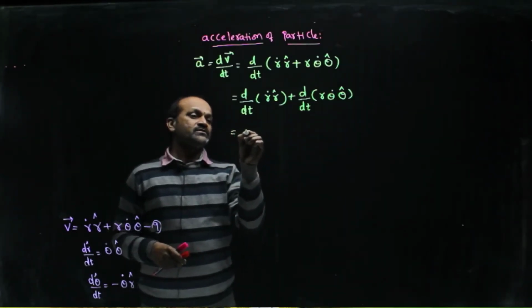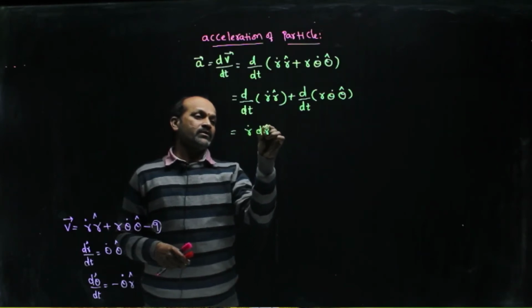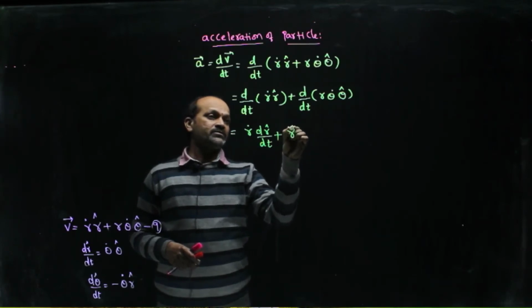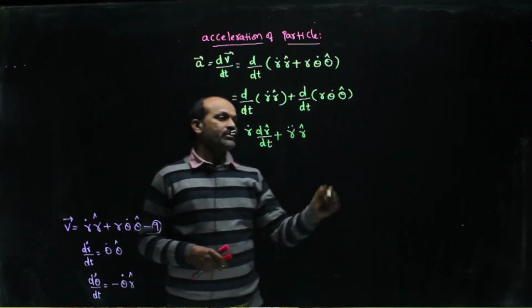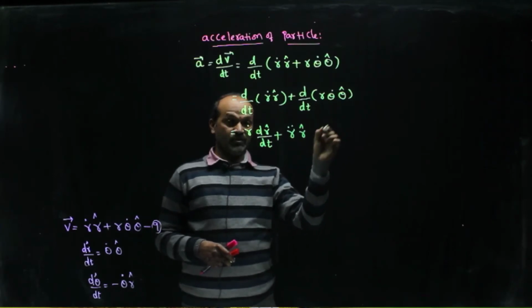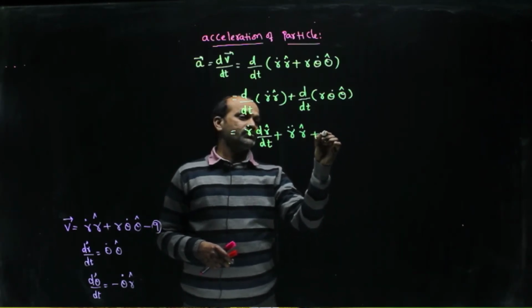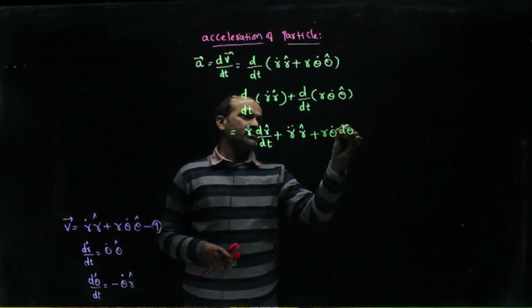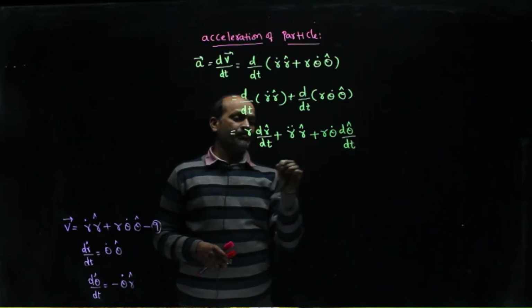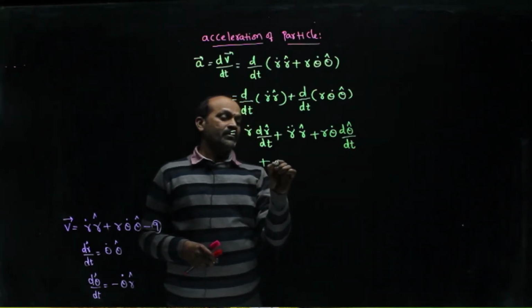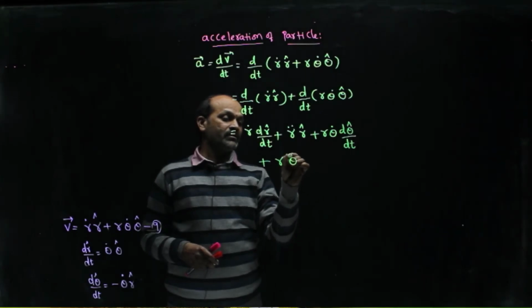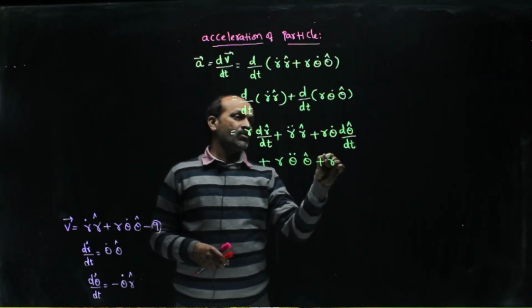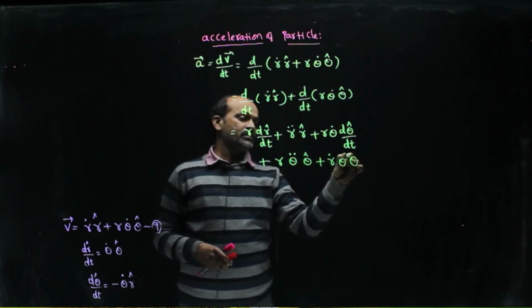So this is r dot into dr cap by dt plus r double dot r cap, plus here UVW method, plus UV into W dot, that is r theta dot into d theta cap by dt, plus r theta double dot theta cap plus r dot theta dot theta cap.